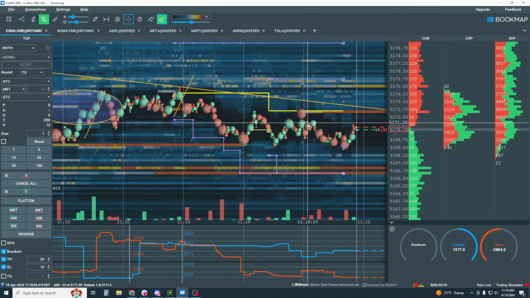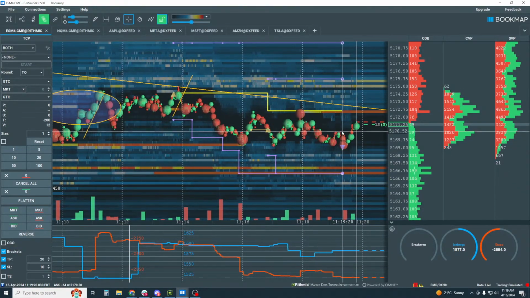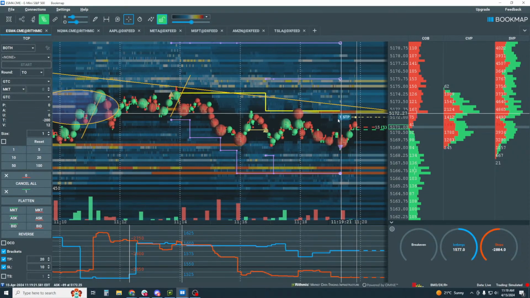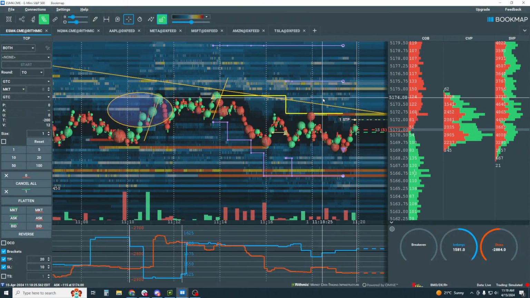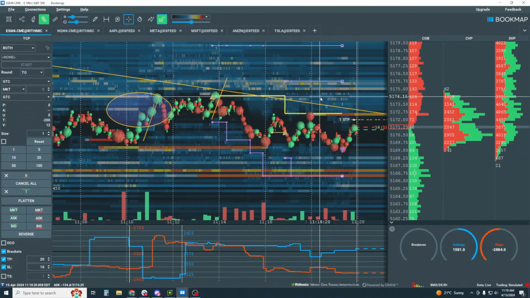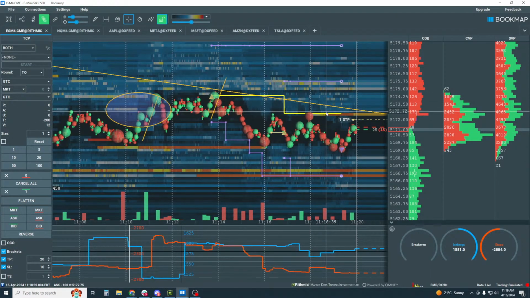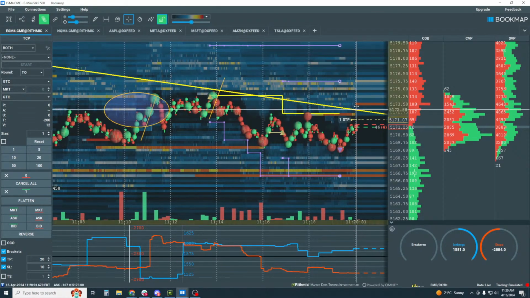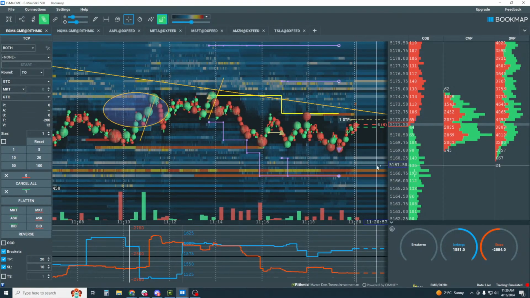Buyers might come in here again. Now, if they do, I'll jump in again. We can put maybe a couple of buy stops in here. Yeah, they're starting to pull. See that pulling? Okay, let's see it, buyers then.